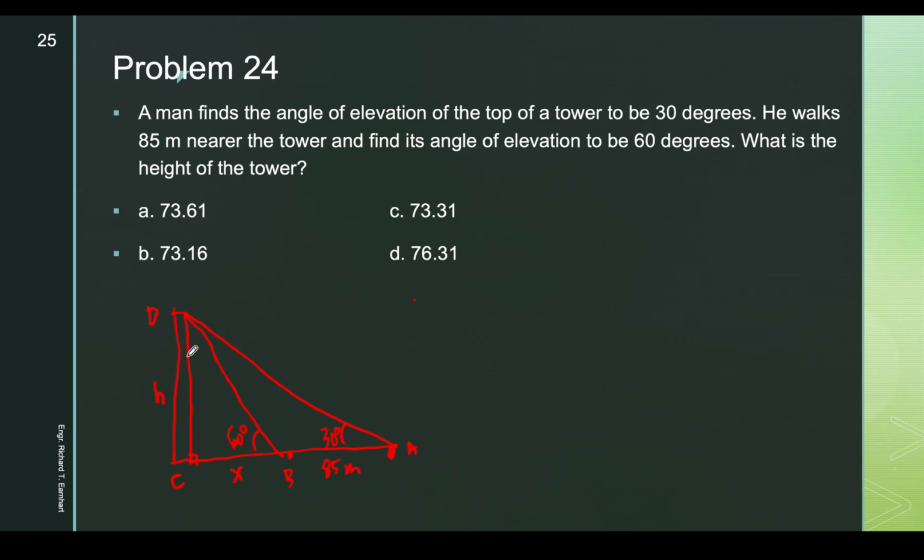So with triangle DCB, okay, we get H over X as tangent of 60 degrees.